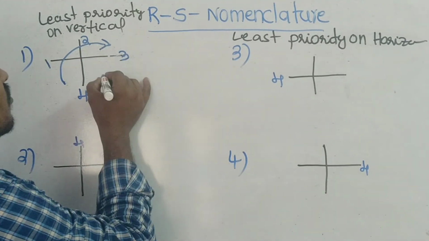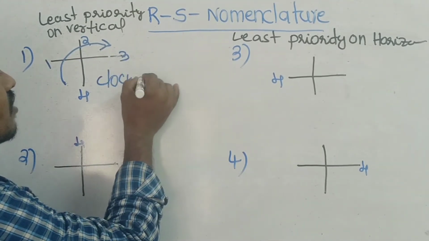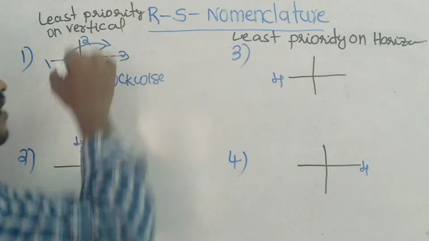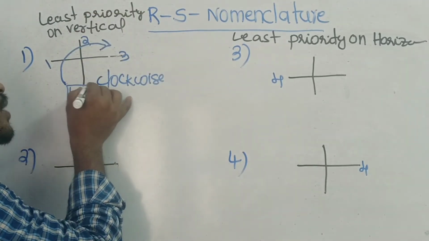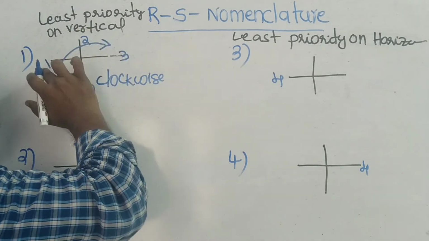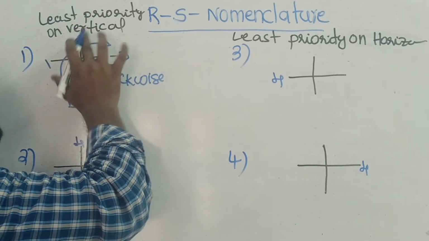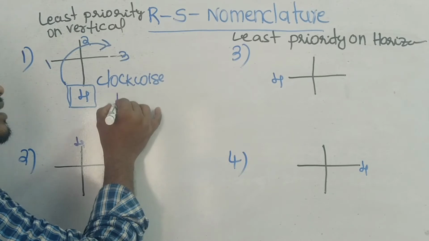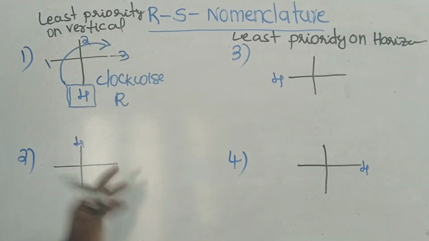If it is clockwise, when the least priority group is in the vertical position, and you draw a line between the 1, 2, 3 priority groups and it is clockwise, that is called R configuration.